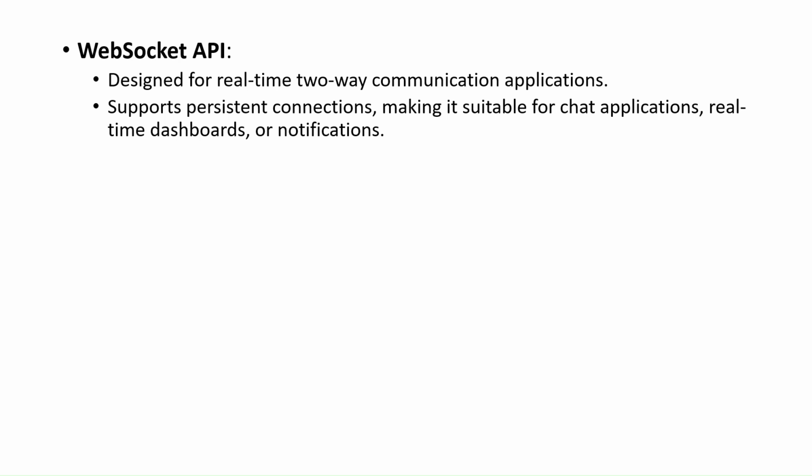It is designed for real-time two-way communication. When we want our application to be more dynamic, for example WhatsApp, if I just hit hi, definitely the other person on the other side can see the hi. It is happening so dynamically. Whatever I type here, he can see there, and whatever he or she types, I can make out. That is how WebSocket APIs work. It supports persistent connections, making it suitable for chat applications, real-time dashboards, or notifications.